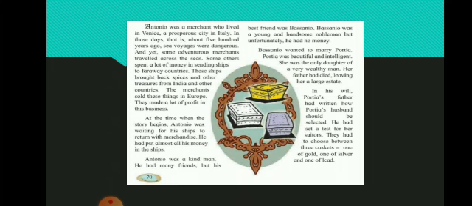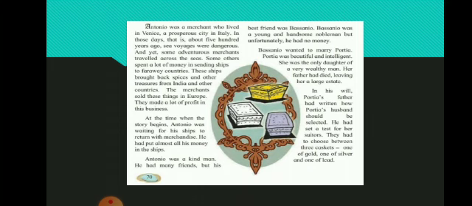So, her father left lots of estate, means lots of money and property owned by her father. At the time of his death, it automatically will go to whom? To Portia, because she was the only daughter of that wealthy man. Okay, so her father had died, leaving her a large estate, lots of money she was having.